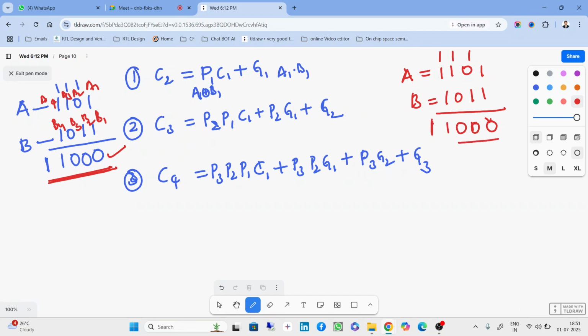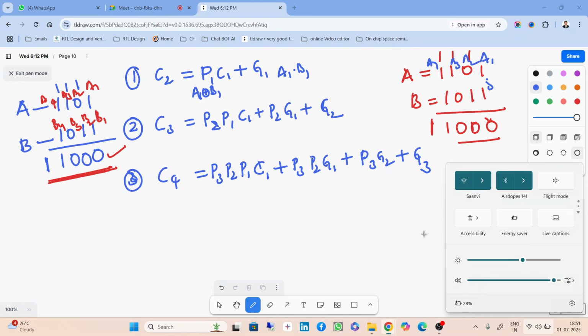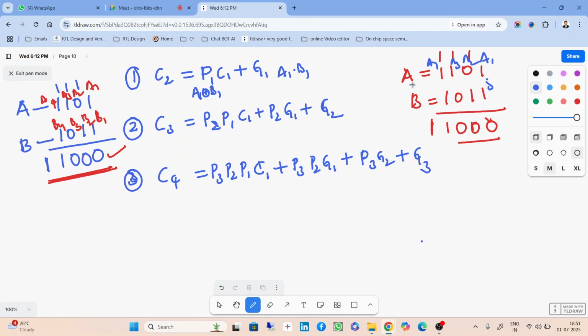Here this is A1, A2, A3, A4, and this is B1, B2, B3, B4.